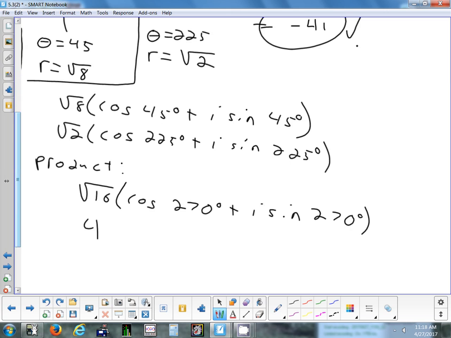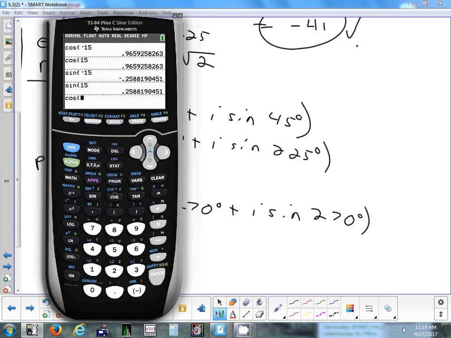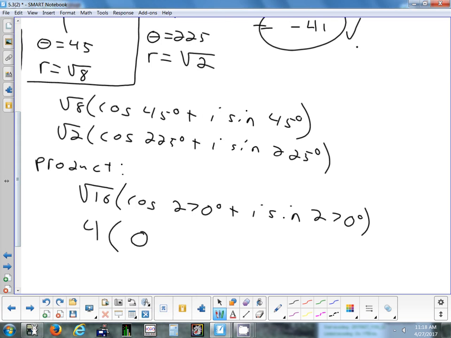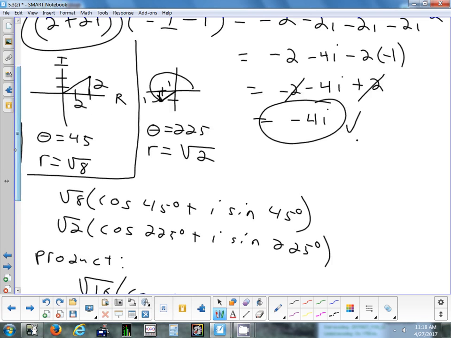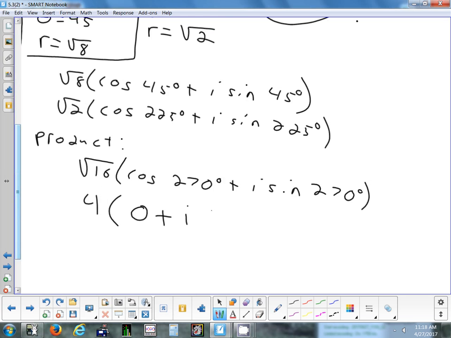Okay, so we get that. And now on our calculator, let's take the cosine of 270. Let's see what it comes out to. So cosine of 270, 0. Okay, that's gone. Just like the real part was gone up above. We got 0 plus i times, now let's do the sine of 270.